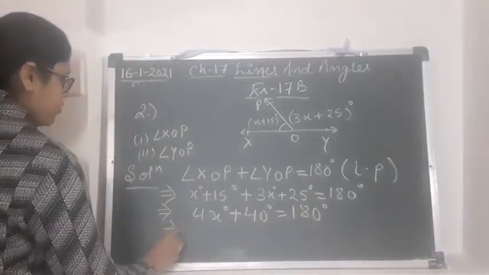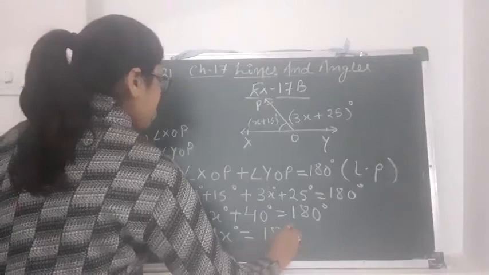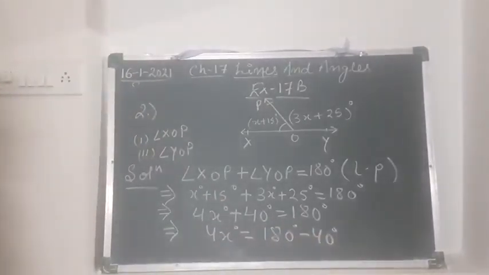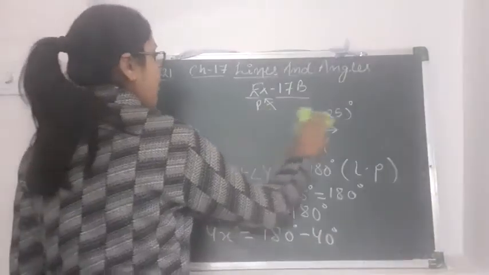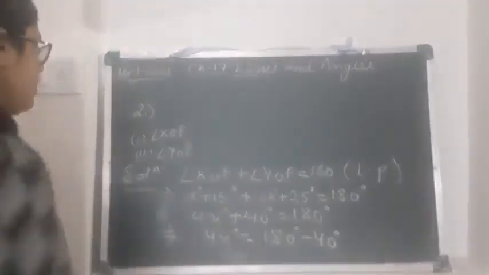Once again, when you solve this, 4x degrees is equal to, when you transpose, variable one side and constant one side, 180 degrees minus 40 degrees. So 4x degrees is equal to 140 degrees.